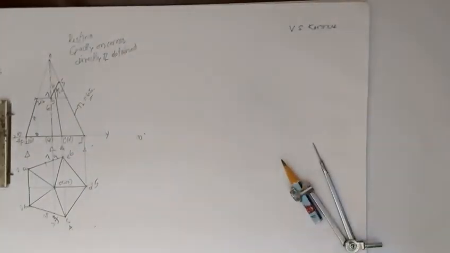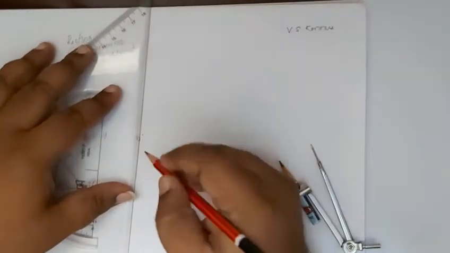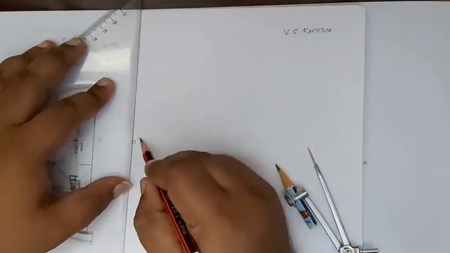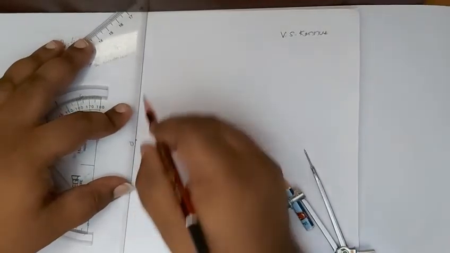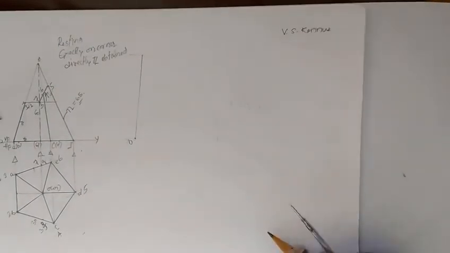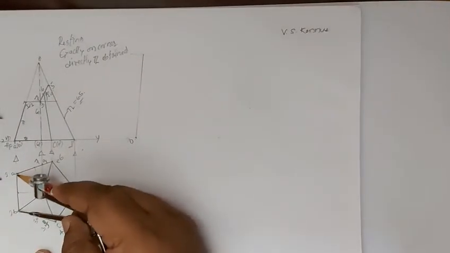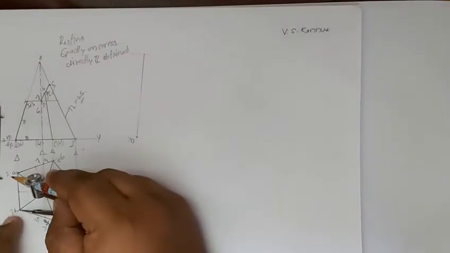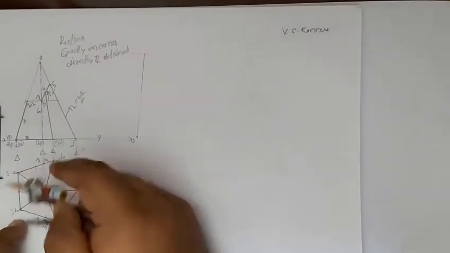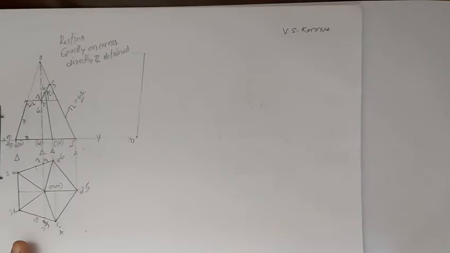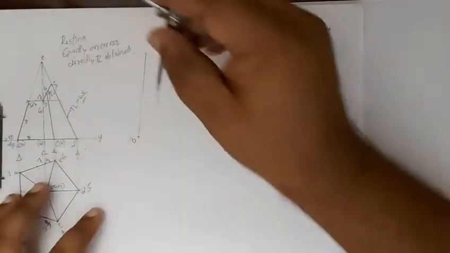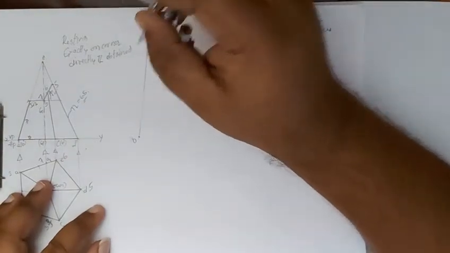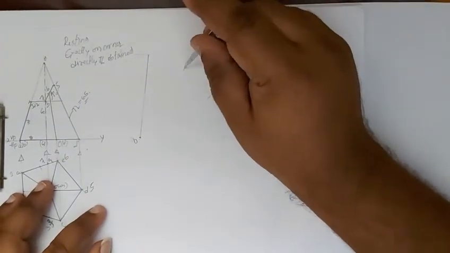Before that, just join somewhere on the axis from O, on this arc, wherever you can join it. Now from that point I will take 30 millimeter on one side, one side 30 mm. Now keeping at this point, I will cut this arc by taking 30 millimeter.